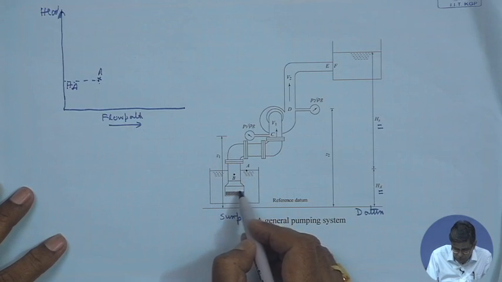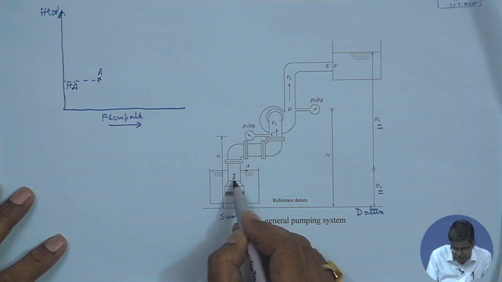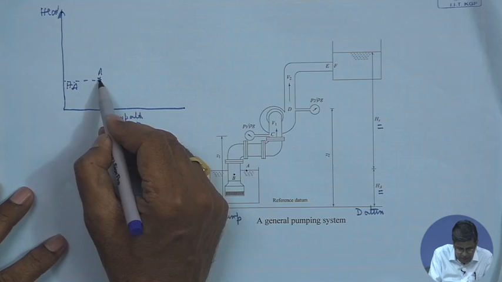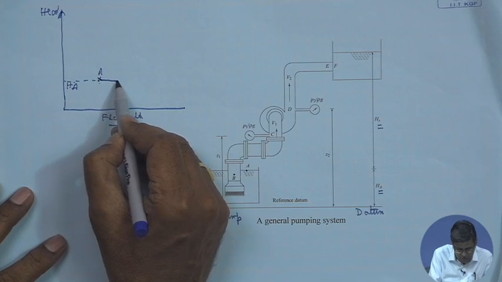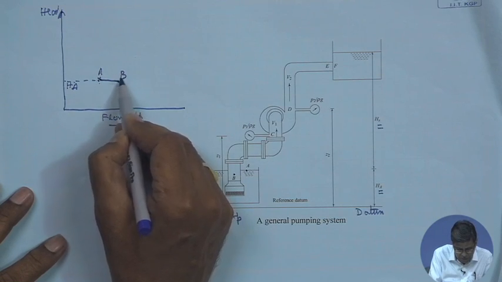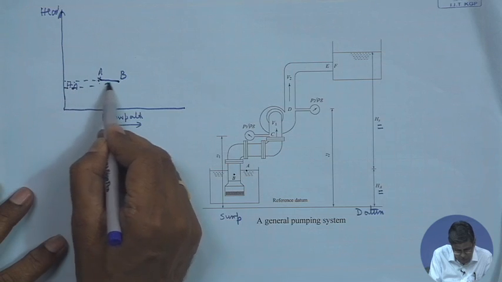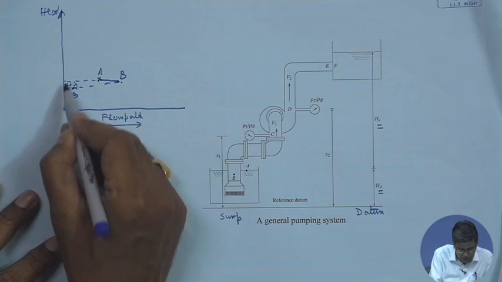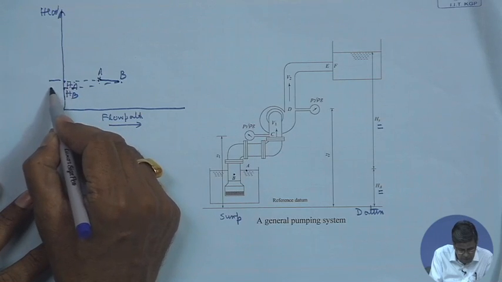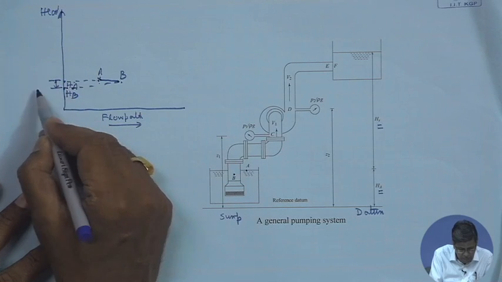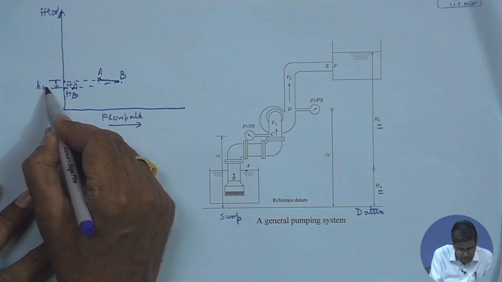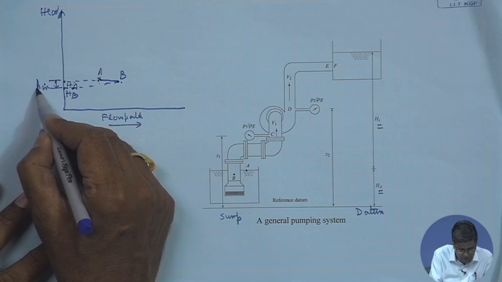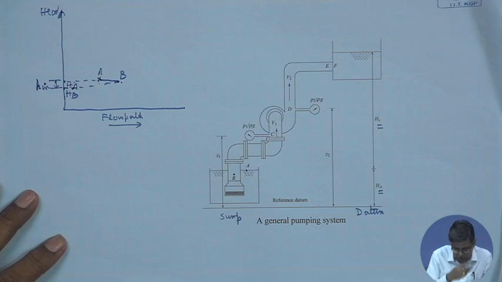Then when the fluid flows through this intake, there is a mechanical strainer, so there is some small loss at the inlet when the fluid goes to B. This loss is given by H in, that is the head loss, the frictional head loss, the loss in energy per unit weight in the intake.